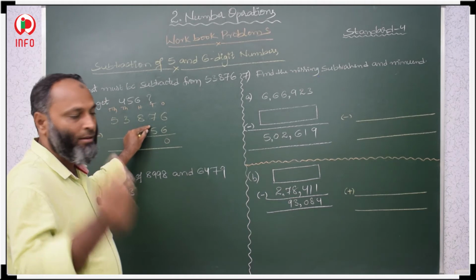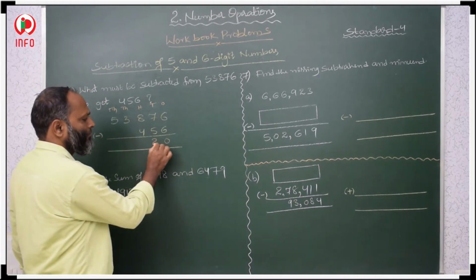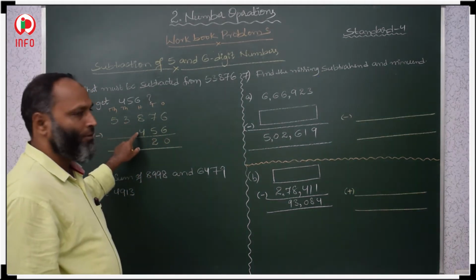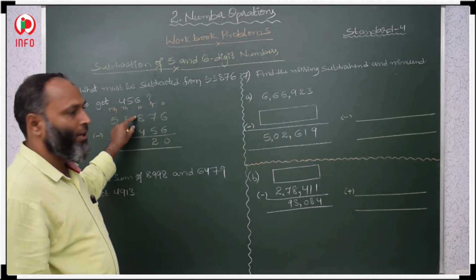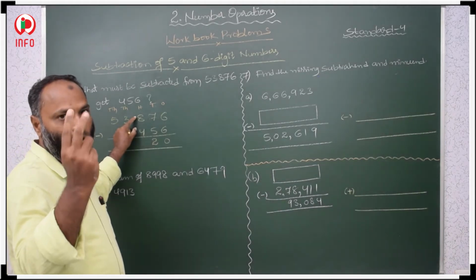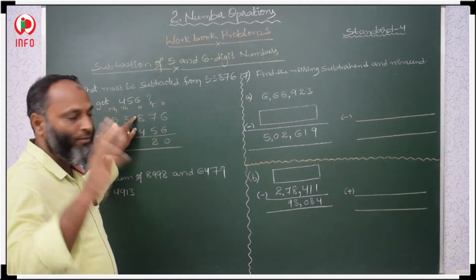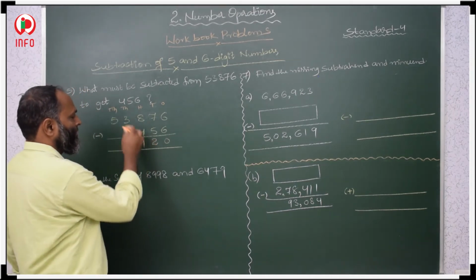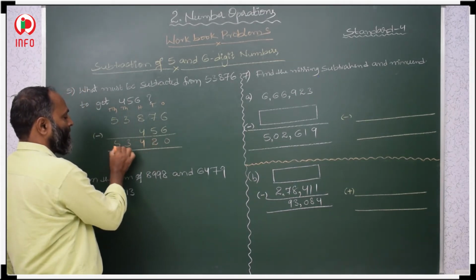It is 2. 8 minus 4 means from 4 to 8 we have to count: 5, 6, 7, 8. It is 4. And this 3 and this 5.